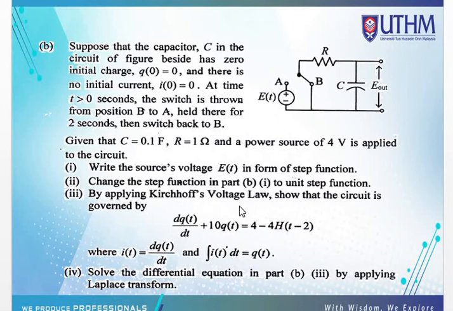by applying Kirchhoff voltage law, show that the circuit is governed by dq(t)/dt plus 10q equal to 4 minus 4u(t minus 2), where i(t) is dq(t)/dt and the integration of i(t) dt is equal to q(t).